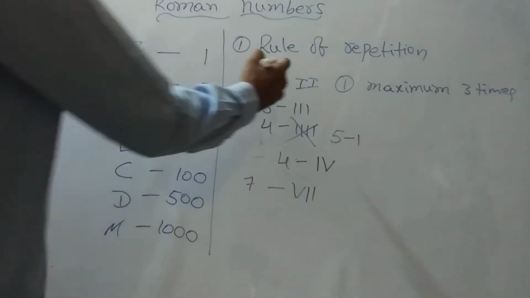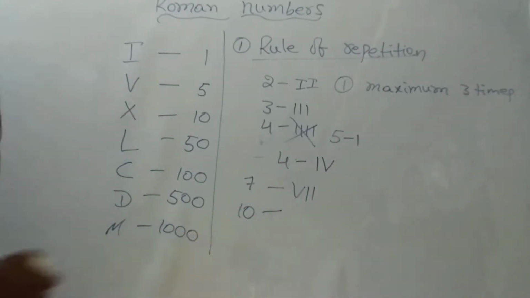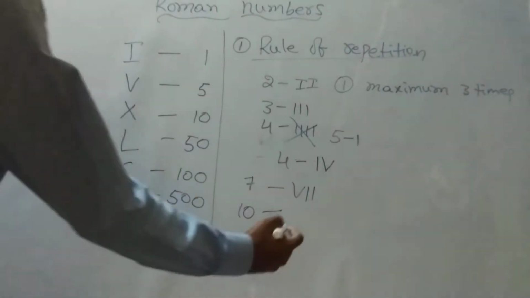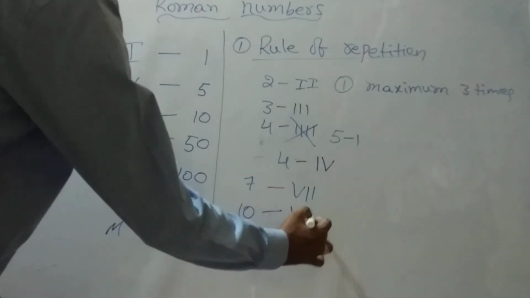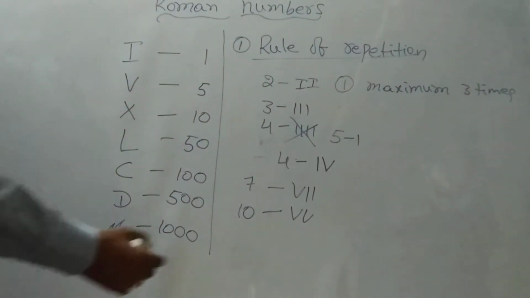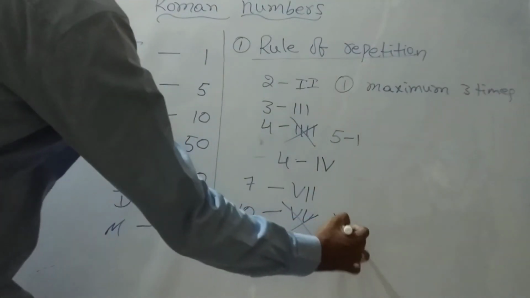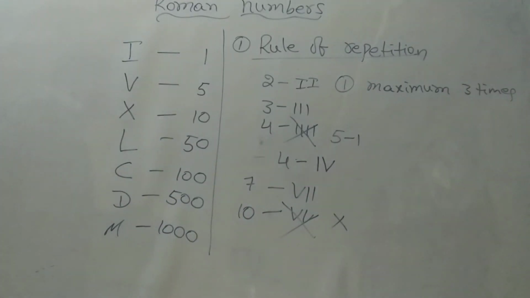Now, rule of repetition: how to write 10? We could write 10 as VV, 5 plus 5. No, we can't write like this. We have one more symbol for 10, that is X. Here V cannot be repeated.